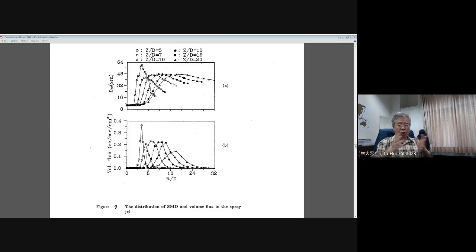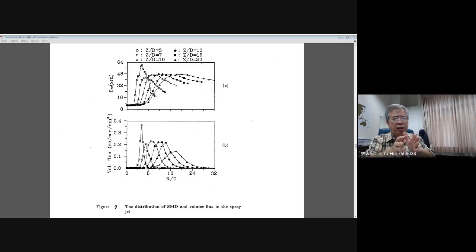You can see originally, closer to the exit plane of the injector, there is a thin spray sheet. In that region you will have a large number of droplets with higher velocities. But later, when you move downstream, the distribution will extend.